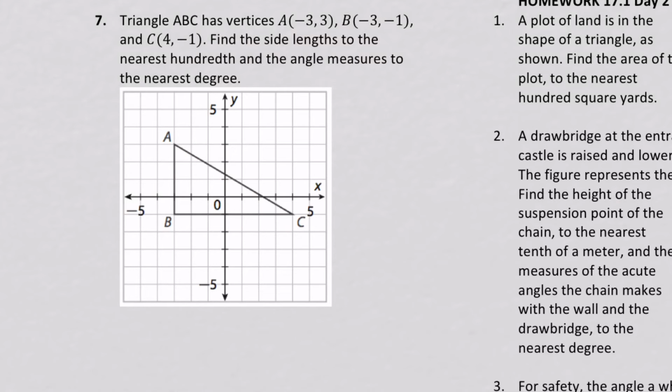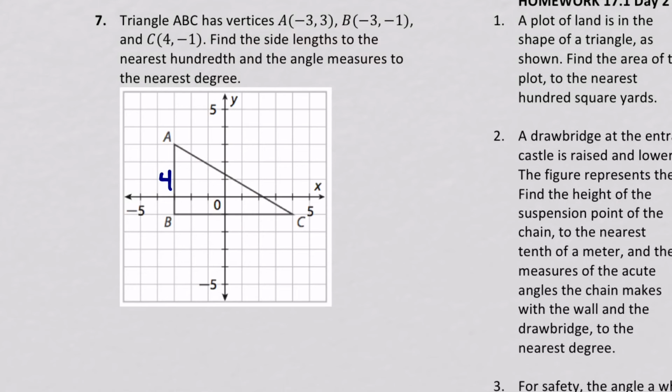Okay, let's start with the sides because they seem to be pretty simple. Side AB, you can do by just counting squares. Since this is positive 3 and this is negative 1, you could just count them and it's going to be the correct answer. 1, 2, 3, 4. That is 4. Let's put that there already. That was easy.